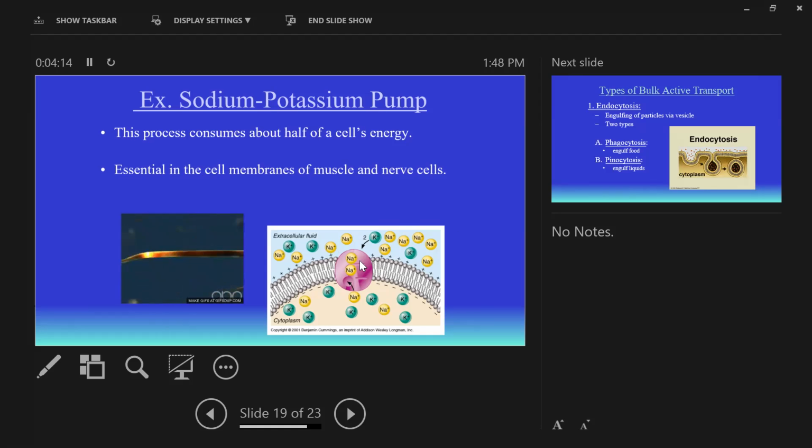So that's one thing that could happen if the sodium potassium pump is off balance, or the opposite, where your muscles have no ability to contract anymore. And so obviously we need our muscles and our neurons to do what we do every day and to survive. So it's important that this sodium potassium pump in your cells is working.